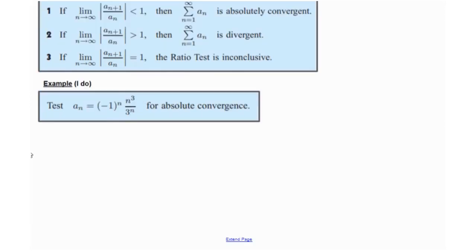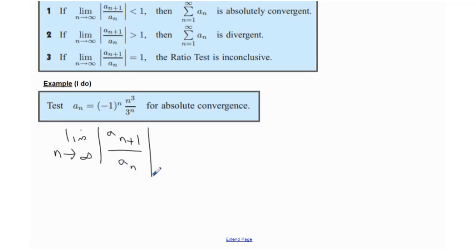So if we just go straight into the ratio test, we are going to find the limit as n approaches infinity of the absolute value of a_(n+1) over a_n.